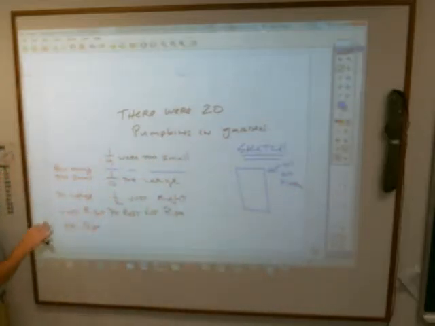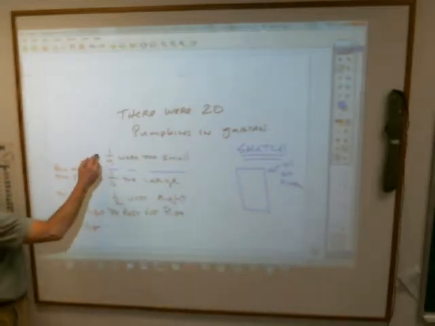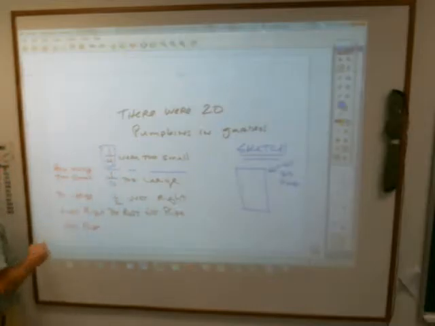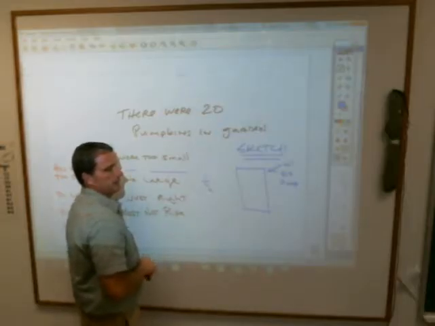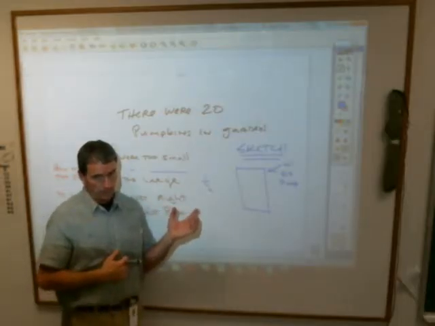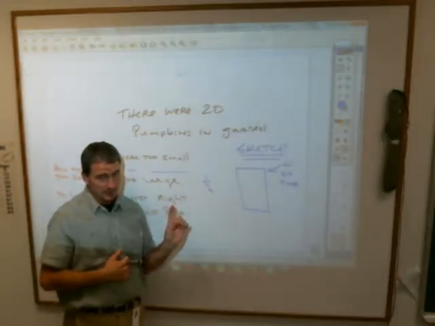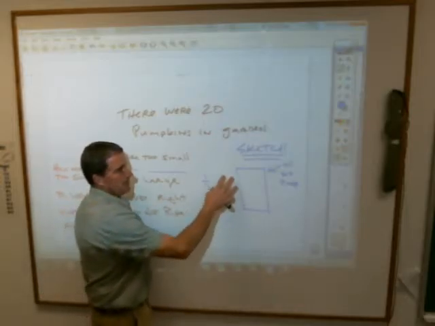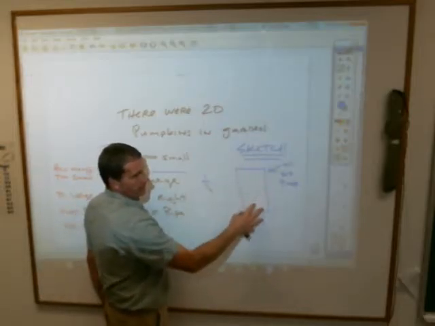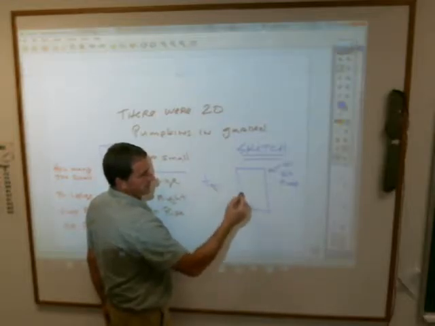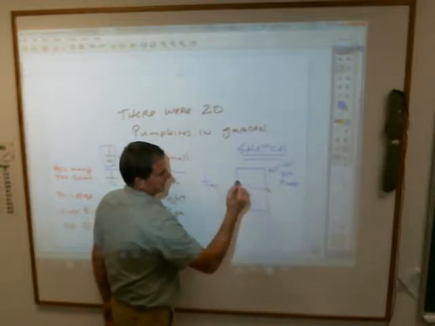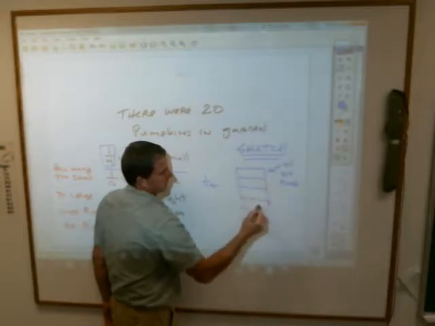And I'm looking at this fraction for the first one, 1/4. Well, remember, I said the bottom number of fractions stands for how many equal pieces I cut that into. So I'm taking my pumpkins, my little rectangular box, and I'm cutting it into 4 equal pieces.